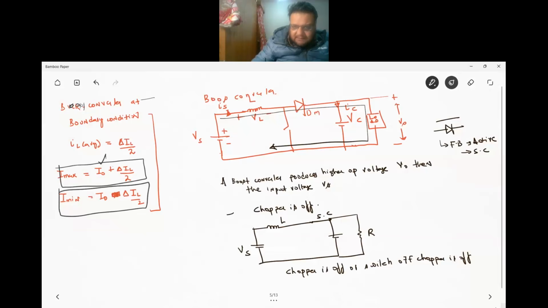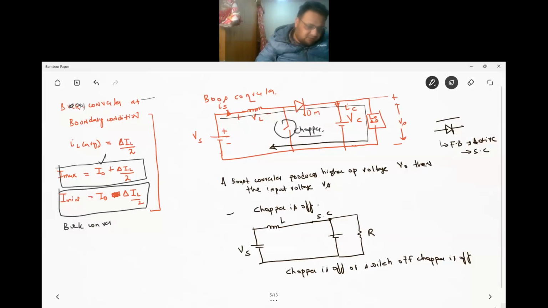Now in the boost converter, you see, in the buck converter, what did we see? The arrangement of the chopper, right? If you go back to the previous slides, did you notice in the buck converter the chopper was in series?